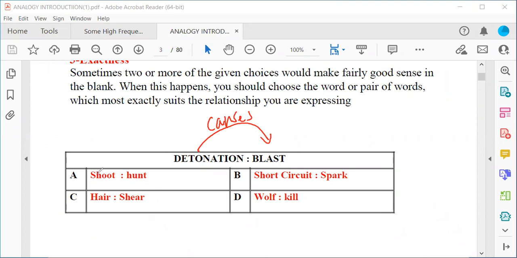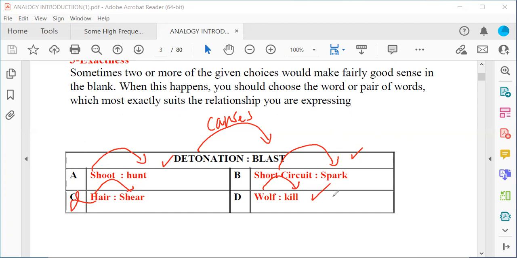So shoot causes hunt, short circuit causes spark, hair causes shear, wolf causes kill. Now, from these ones, shoot causes hunt could be, we leave it. Short circuit causes spark could be. Hair causes shear, no, this will be cancelled. Wolf causes kill could be. So we have three choices that can be an answer for this one.